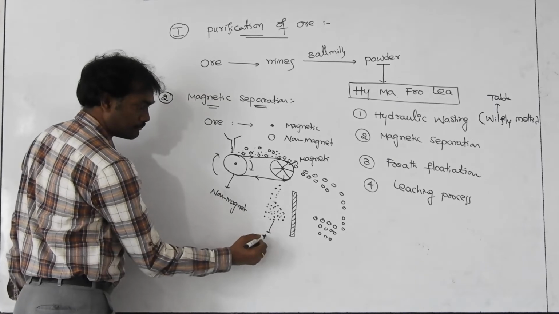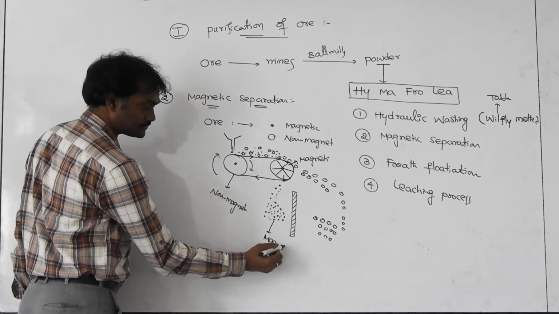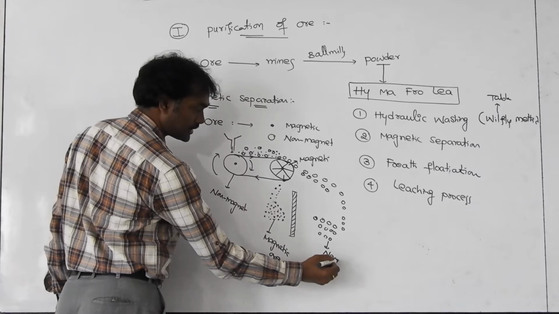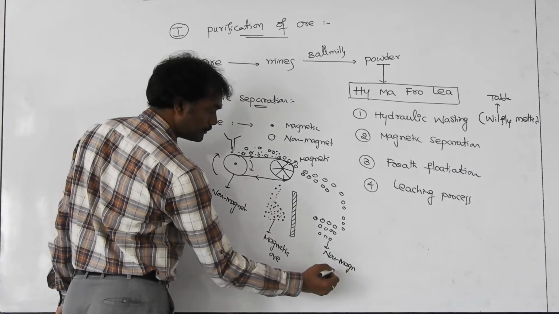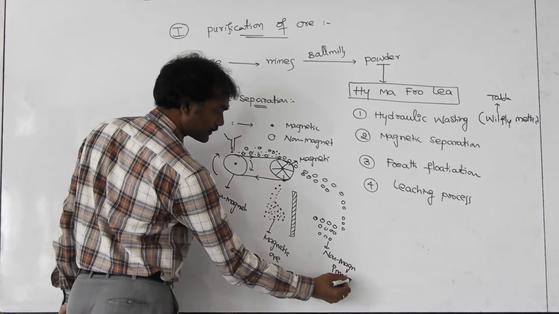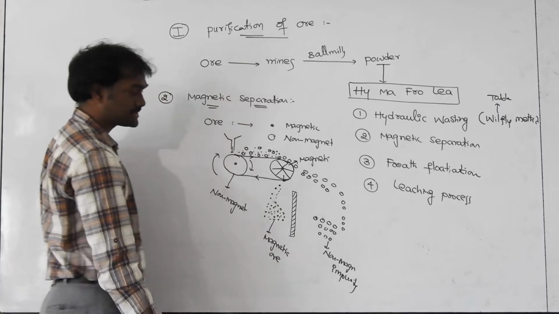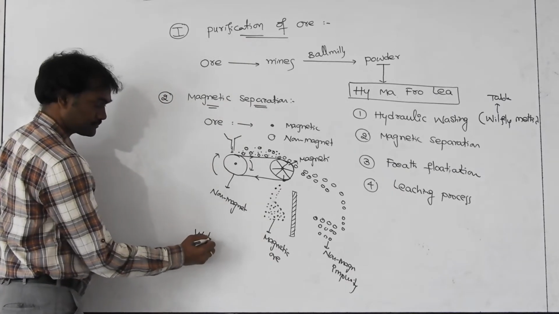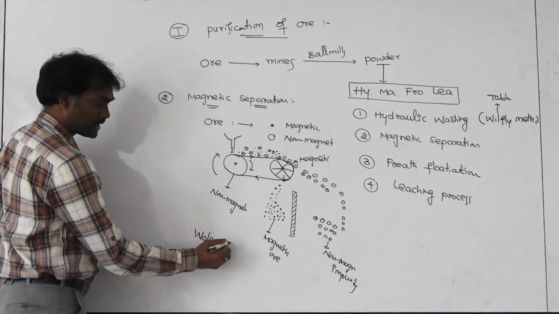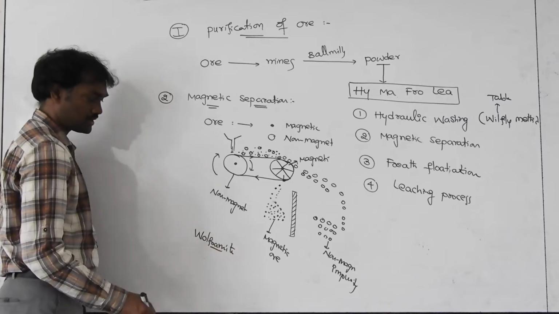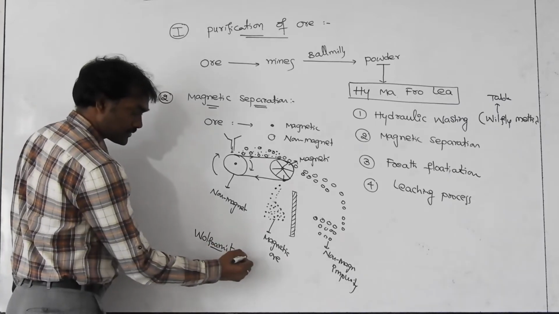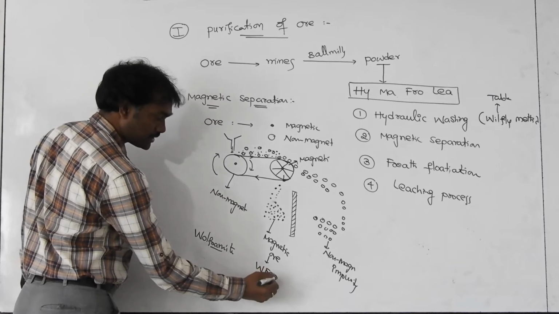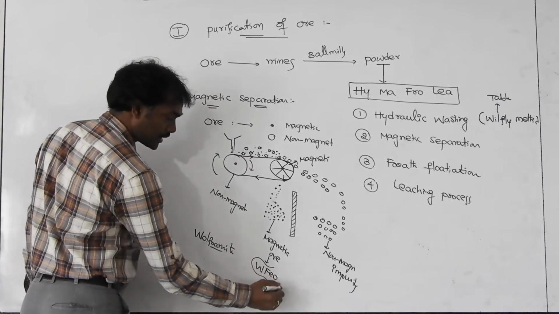This is a magnetic compound, and this is a non-magnetic impurity. What is the best example? That is wolframite. We already saw wolframite, a magnetic ore, which is a FeWO4 compound.